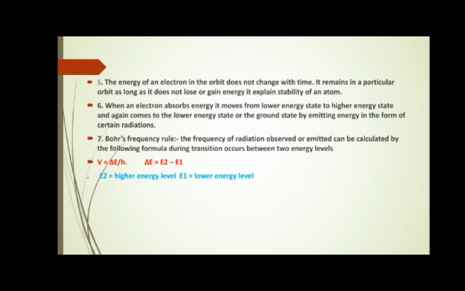Change in energy, or delta E, is given as E2 minus E1, where E2 is the higher energy level and E1 is the lower energy level.